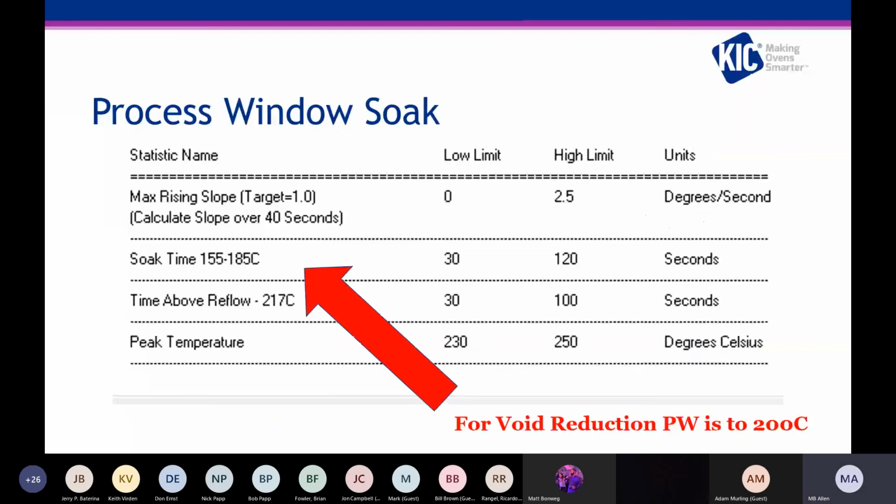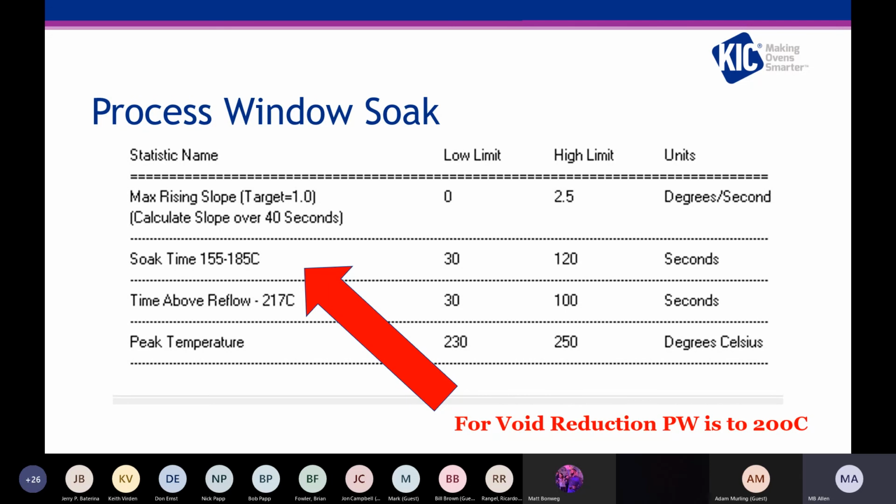So going into the profiles, one area that we look at is the soak. There are obviously different recommendations from different solder paste manufacturers on whether or not the soak is important or not. And really this is all going to be experimental for you to do on your own to decide which is going to be the better solution.